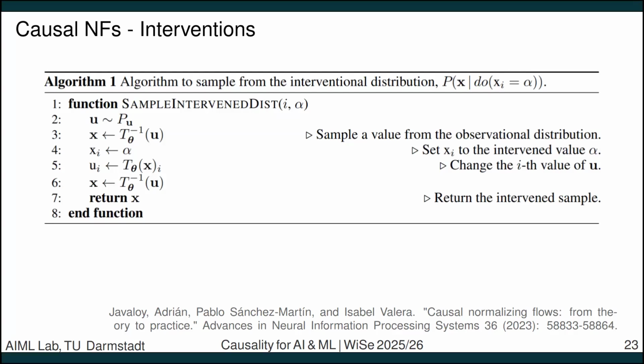Once you have that, you get these x's again, intervene on one of those x's, reverse this process, and then with this particular intervened u that you place into the observational u vector, you proceed with the forward pass of the causal normalizing flow.